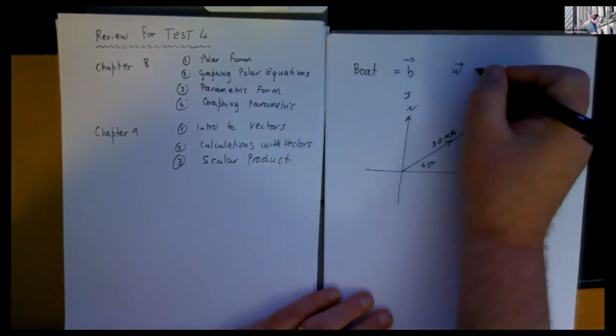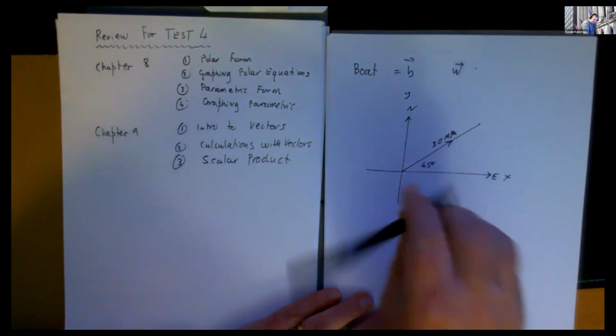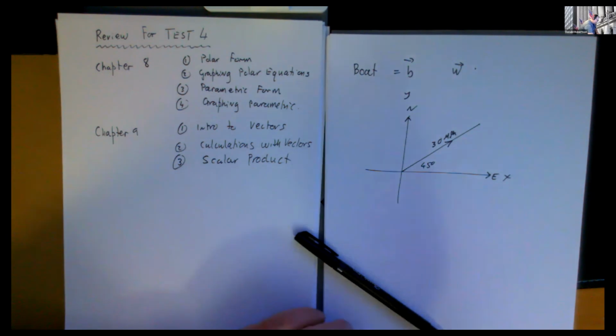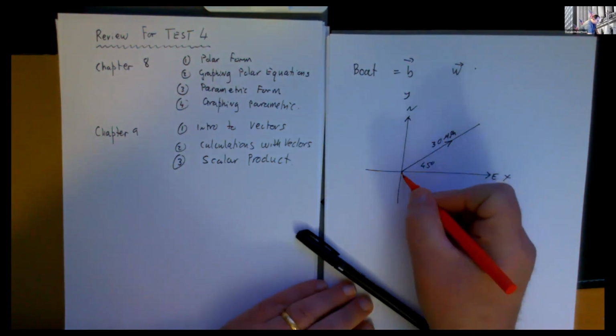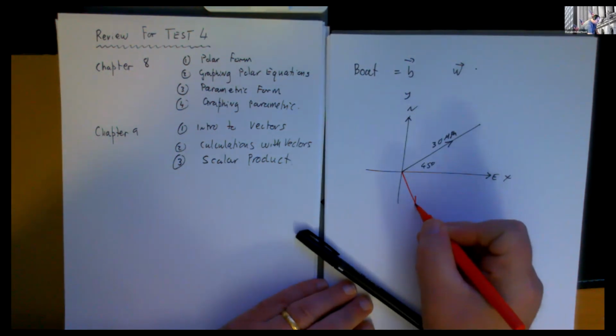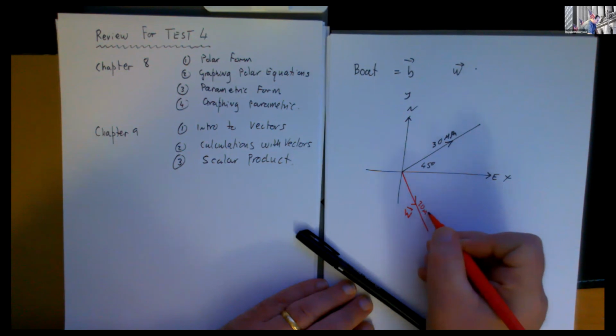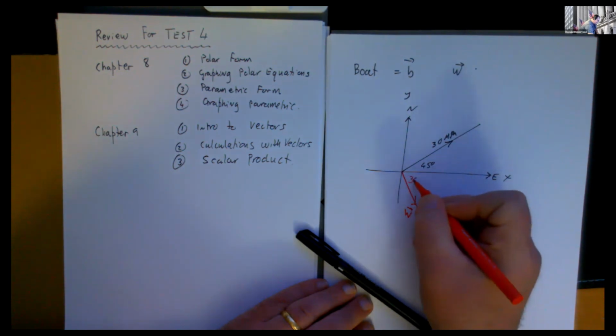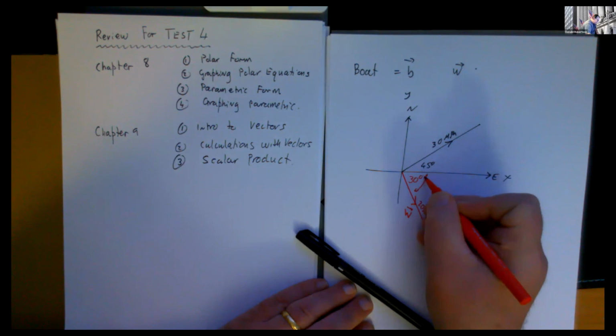And the wind is going to be down here. And the wind is going to be 20 miles an hour. And this angle here is going to be 30 degrees.